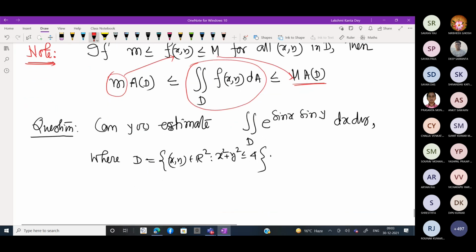Now the question is, can you estimate this integral of e to the power sin x into sin y dx dy, where D is a circular disk with center at the origin and radius 2? What is your D?